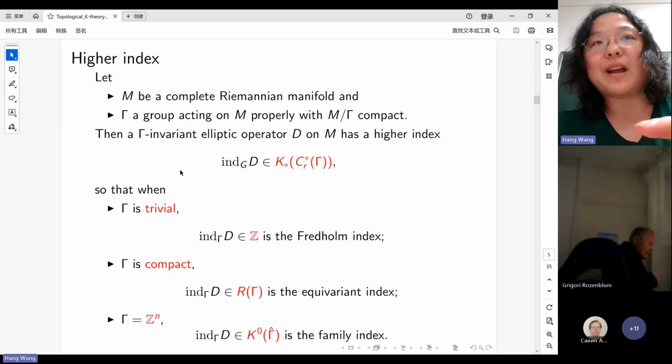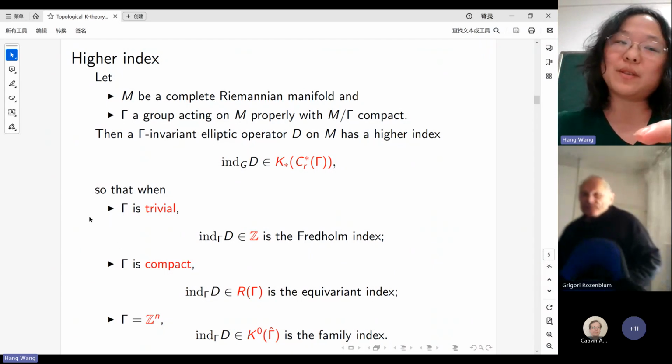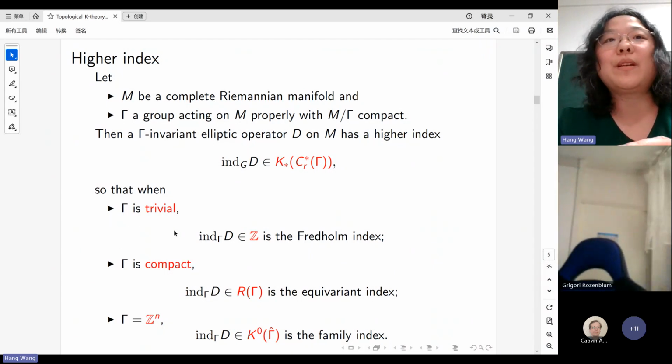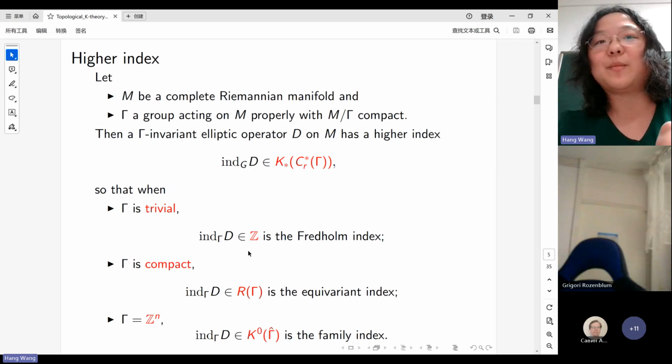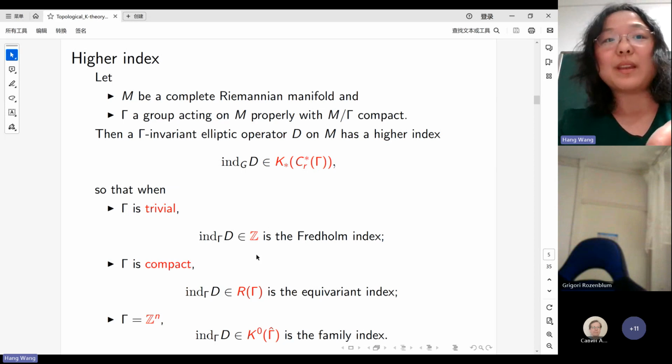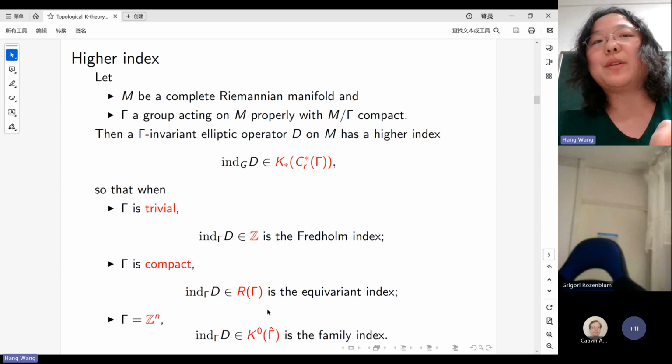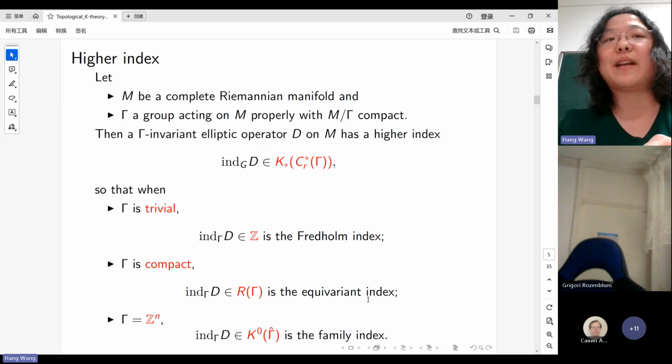For example, if this symmetry group gamma is trivial, in that case, M would just be a closed manifold, and this index would just be inside Z, because when gamma is trivial, this K-group reduces to Z, and that is exactly the Fredholm index. And when gamma is a compact group, this K-group can be computed as the representation ring of gamma, and that is exactly the equivariant index in the second example.